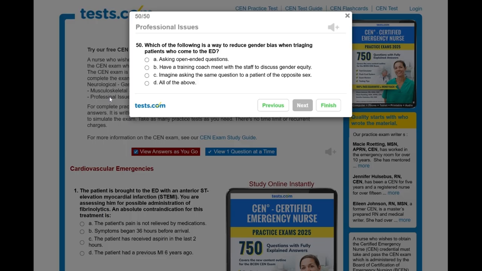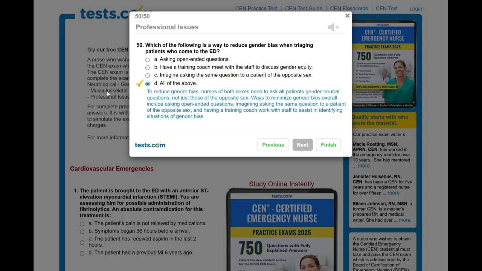Question 50. Which of the following is a way to reduce gender bias when triaging patients who come to the ED? A. Asking open-ended questions. B. Have a training coach meet with the staff to discuss gender equity. C. Imagine asking the same question to a patient of the opposite sex. D. All of the above. D. All of the above.